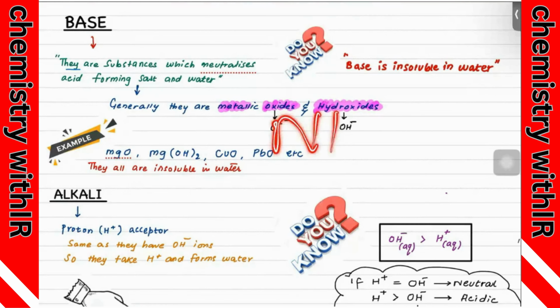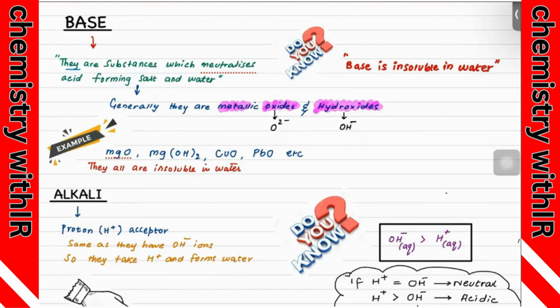And if it is insoluble in water, you can say, sir, this is a base. So what is the difference? When the base is soluble in water, we give a special name to that base, which is alkali. Are you getting my point? Yes, sir. So should I say that all alkalis are bases?